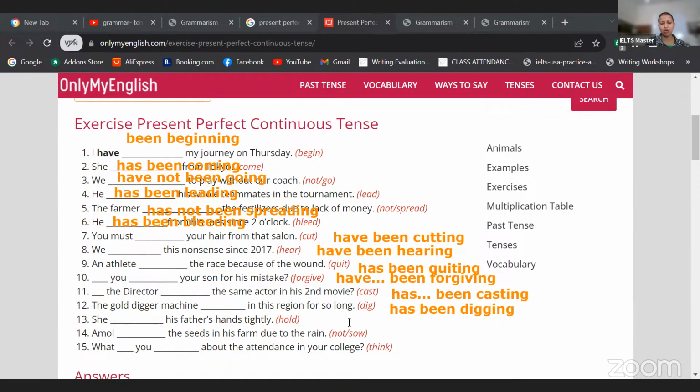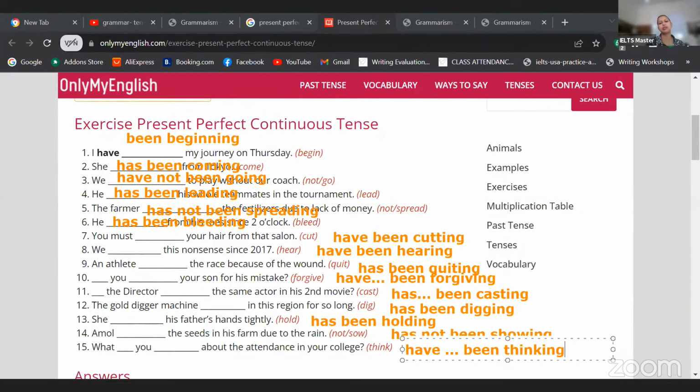She has been holding. A mole has not been showing. And what have you been thinking about?